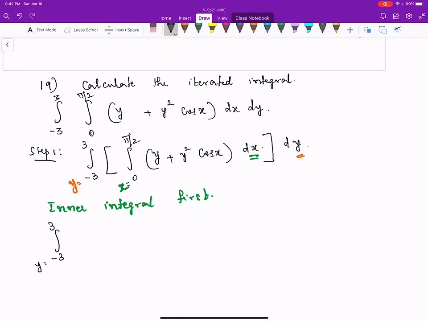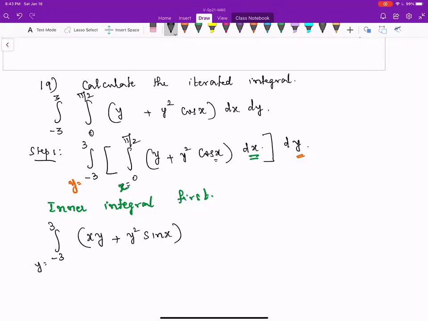Imagine you give a number to y, so imagine that y is equal to k. Then you are integrating k with respect to x. So it is yx plus y square, which is a constant, times the integral of cosine x, which is sine x.